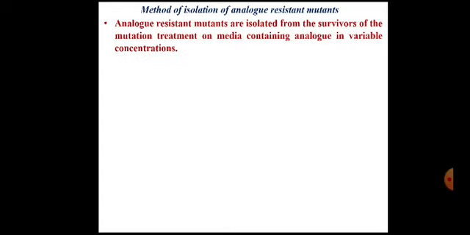So the mutation treatment is given to the microorganisms, and then the survivors of mutation treatment are transferred onto medium containing analog, at different concentrations of analog. Whatever microorganisms grow on this medium containing analog will be called analog resistant mutants. So there is a method for isolation.